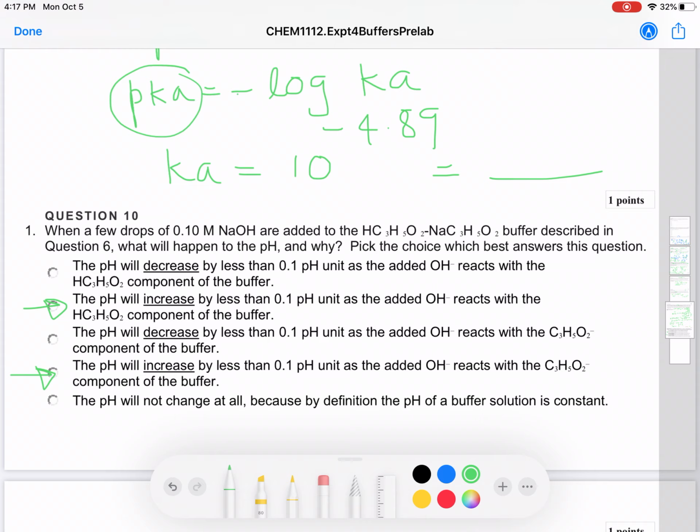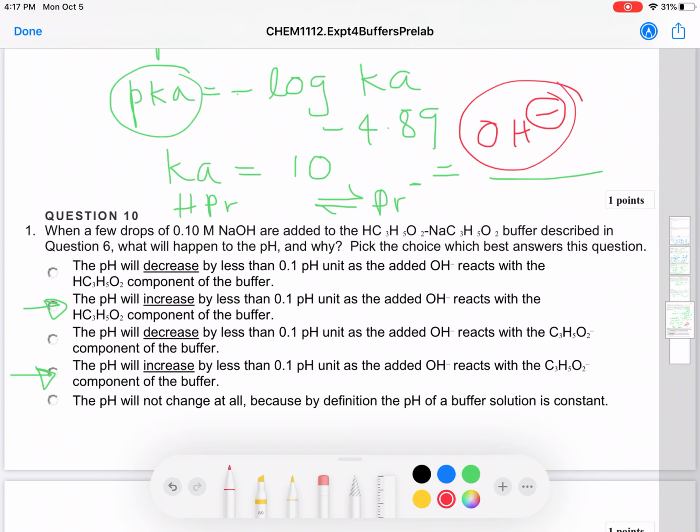And then, which component of the buffer will the hydroxide ion react with? Remember, we have two components in the buffer. It could be propionic acid, which I'm going to abbreviate as HPr, or it could be the conjugate base. We are adding a hydroxide. Hydroxide ion is a base. Which one do you think it is going to react with?